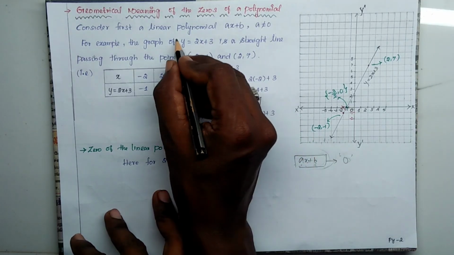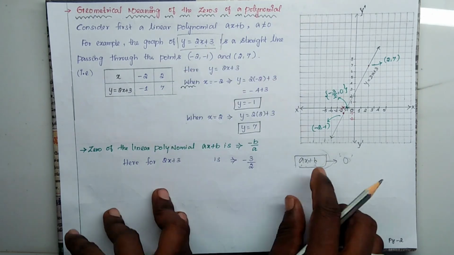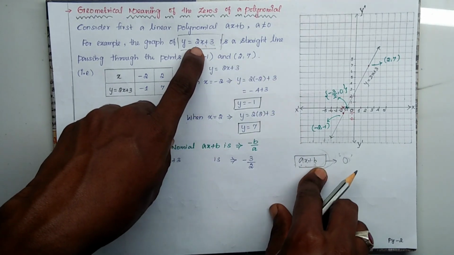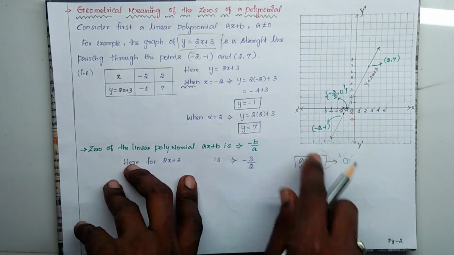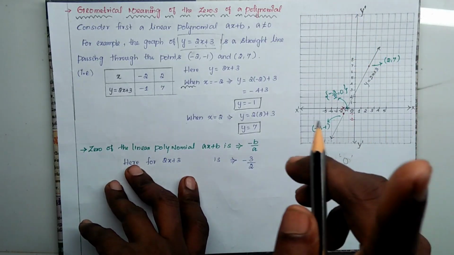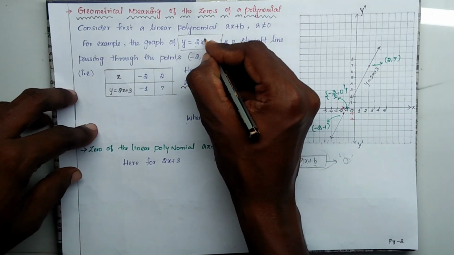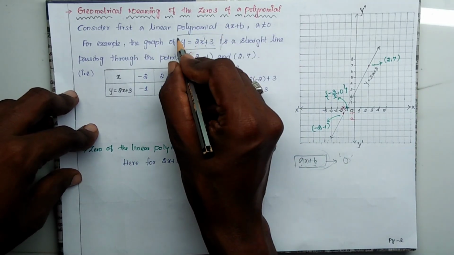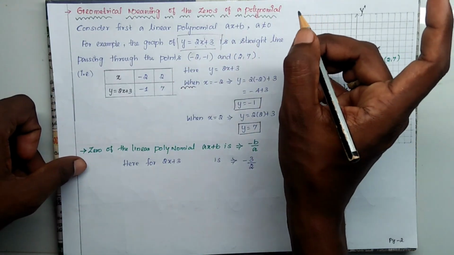Now we take the equation y is equal to 2x plus 3. 2x plus 3 compares with this ax plus b. Now it looks like a linear equation form. A linear equation is in the form of degree 1, ax plus b, right? So we have degree 1. This is the equation of a linear, that is, a straight line equation.